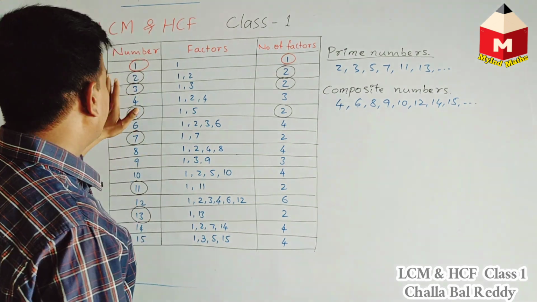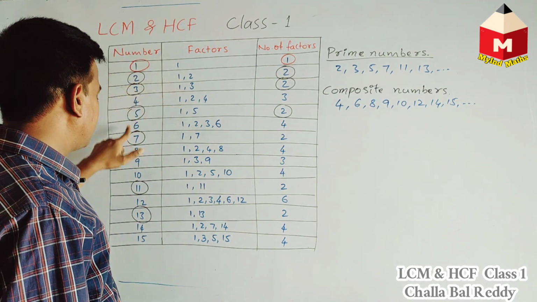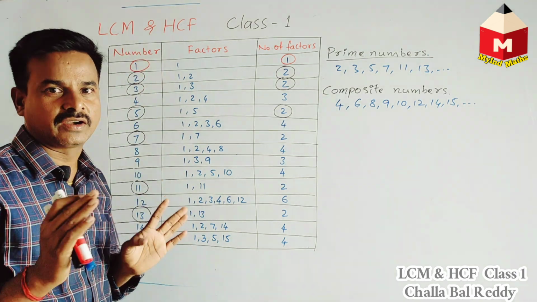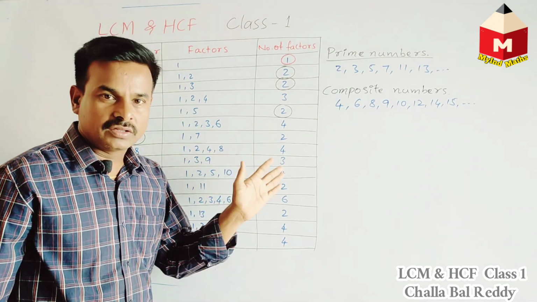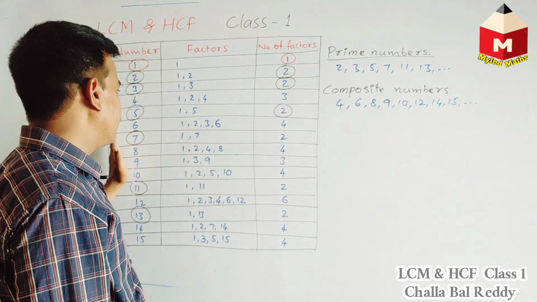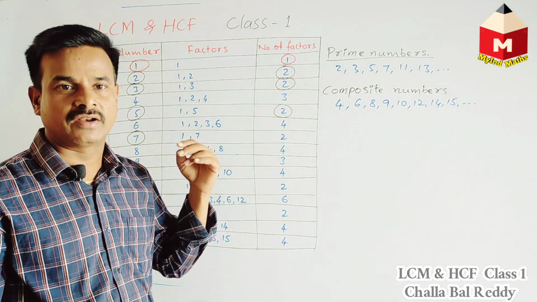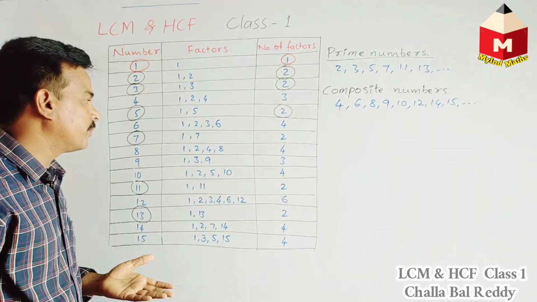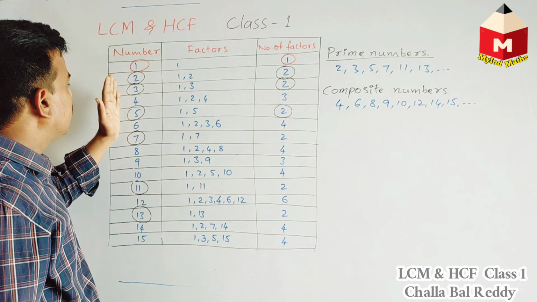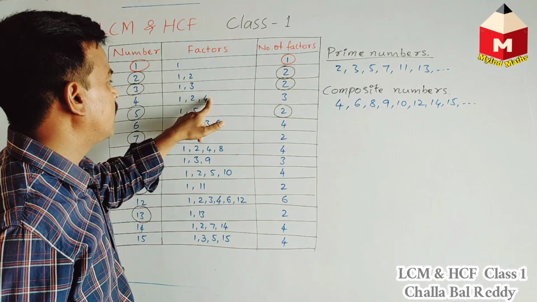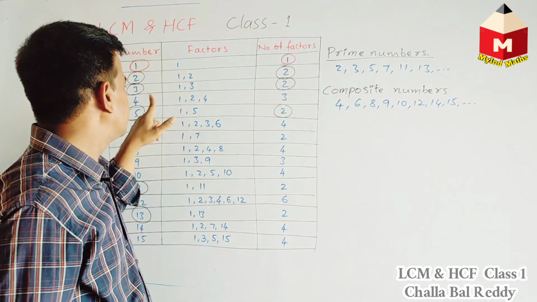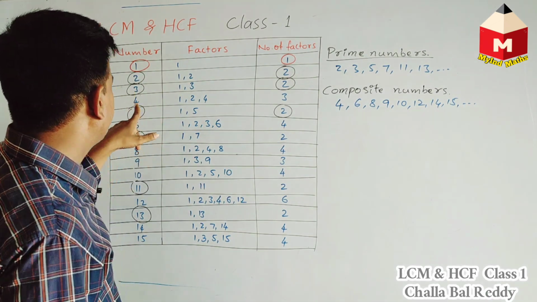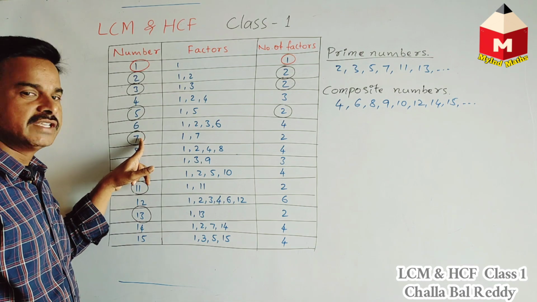And one more thing, 1 is a factor of every number. And also the smallest factor of any number is 1. Another very important point is that every number is a factor of itself. 4 is a factor of 4, 6 is a factor of 6, 5 is a factor of 5, 7 is a factor of 7.